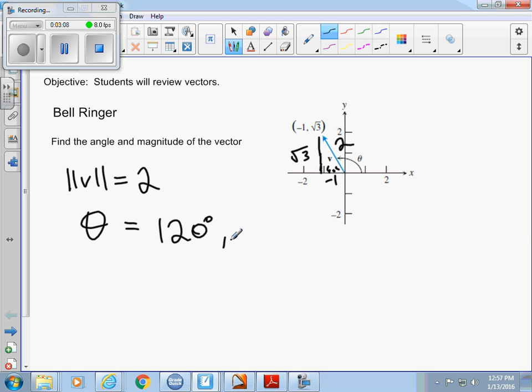Or you could write that as a radian. A lot of times vectors will use degrees. This is the only time in calculus we will pick degrees back up. A lot of times we will also use radians. A 60-degree angle means I would have 2 pi over 3. Any questions about that?